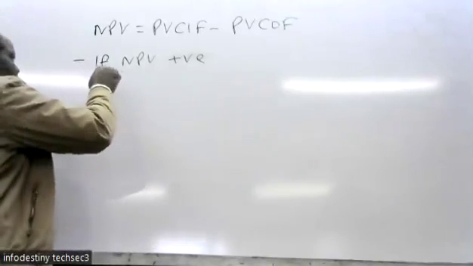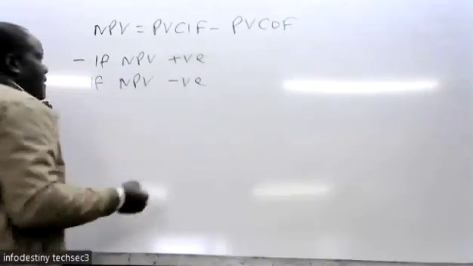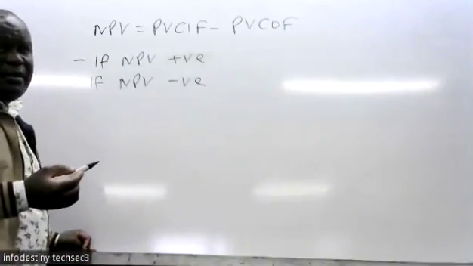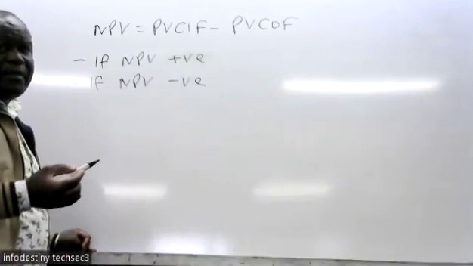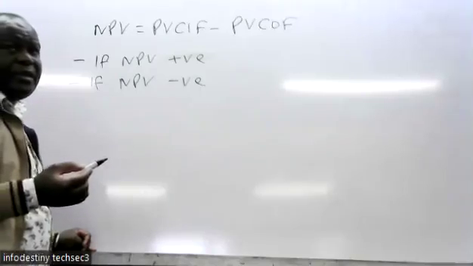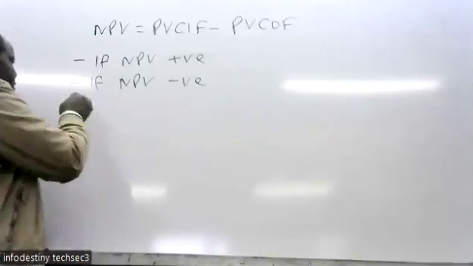The second dash is that if NPV is negative, then reject the project.